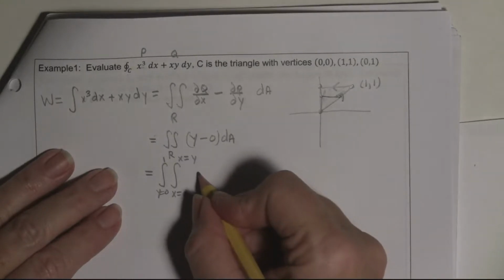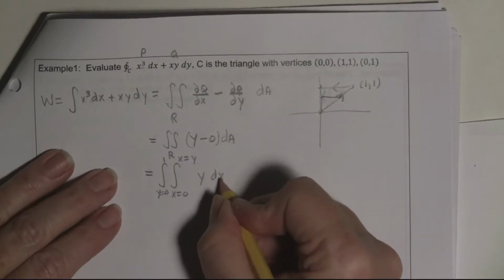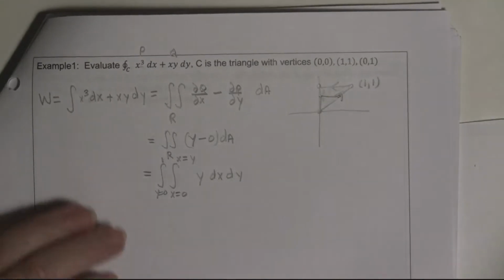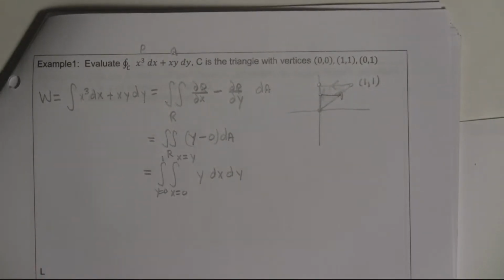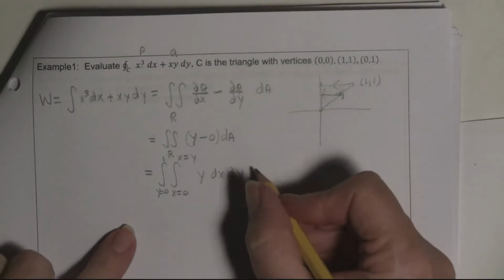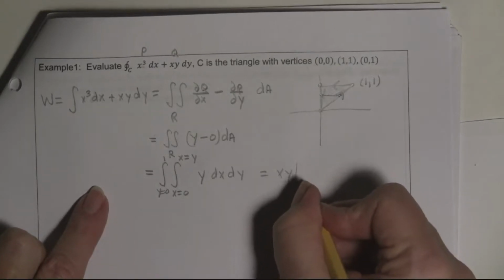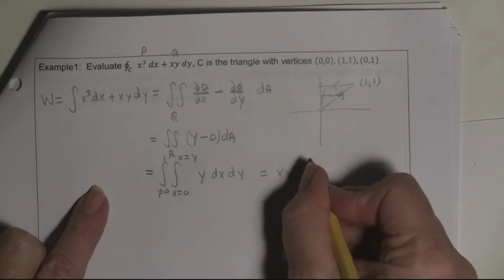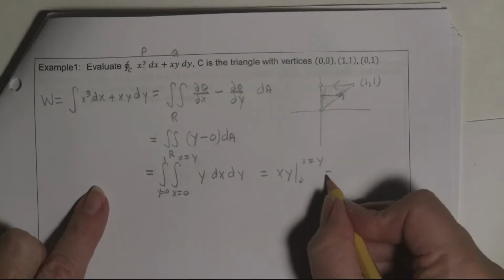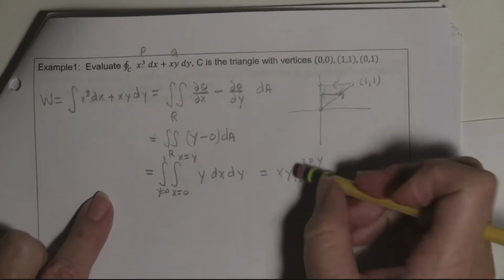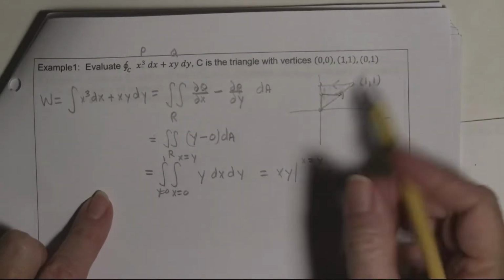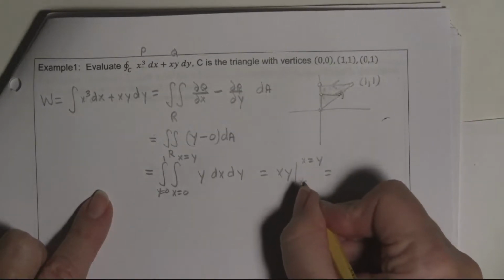And so we have y and then dx dy. And then we're going to integrate that. We did a whole bunch of those in chapter 15, right? So when I integrate this, I get xy from 0 to x equals y. I have to write that, otherwise I'm going to mess it up. I probably should be putting the x here too to remind myself what I'm plugging in.